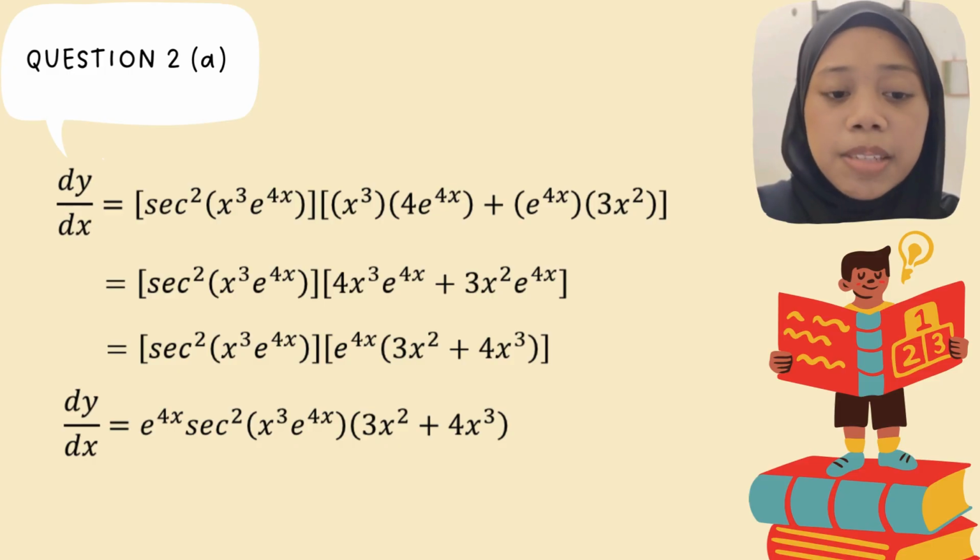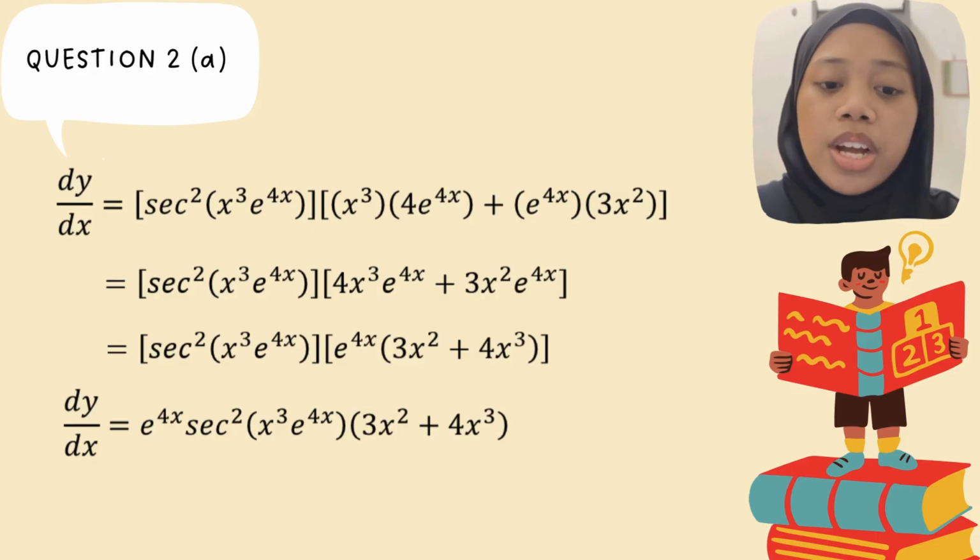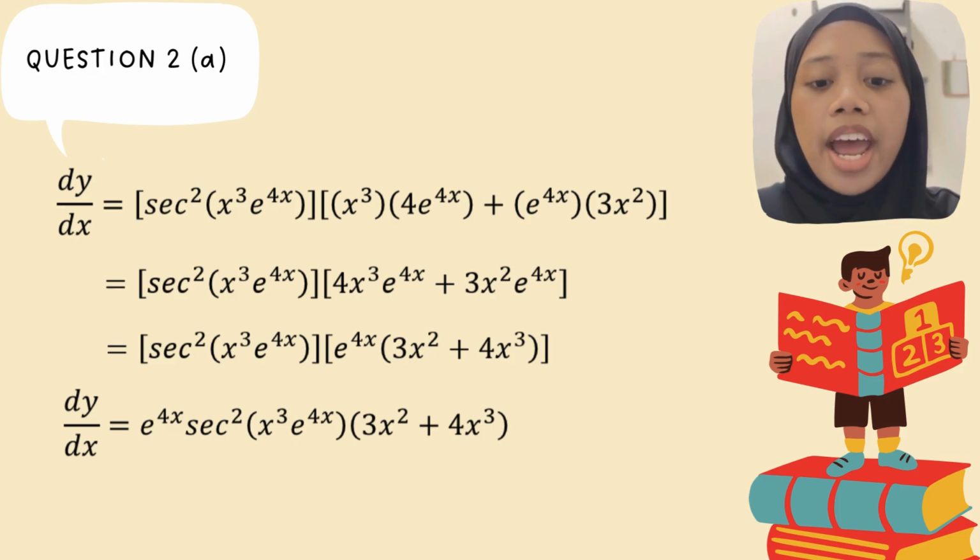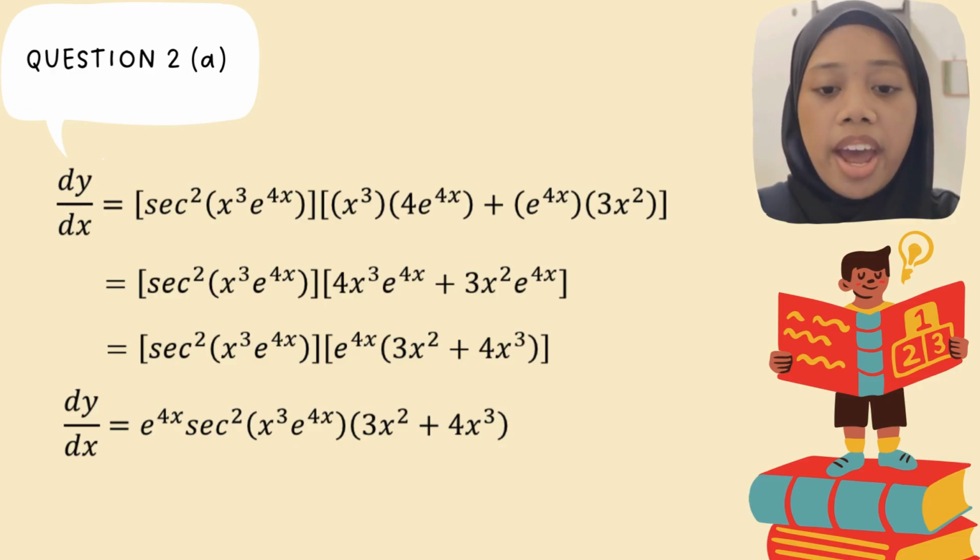So next, in terms of simplification, it equals sec squared of x cubed e to the power of 4x close bracket open bracket 4x cubed e to the power of 4x plus 3x squared e to the power of 4x close bracket.